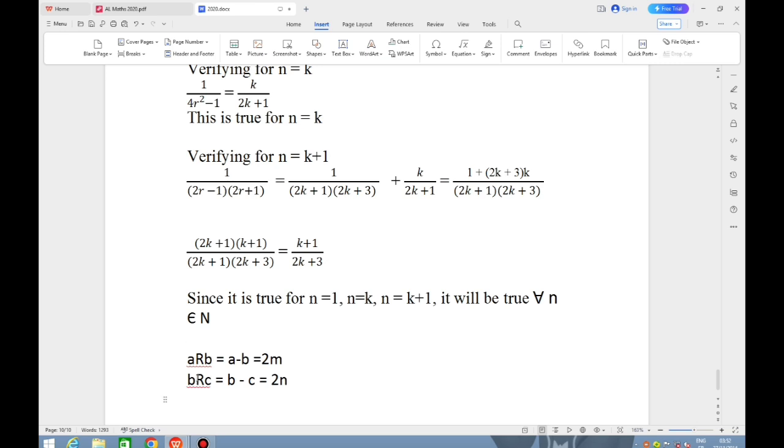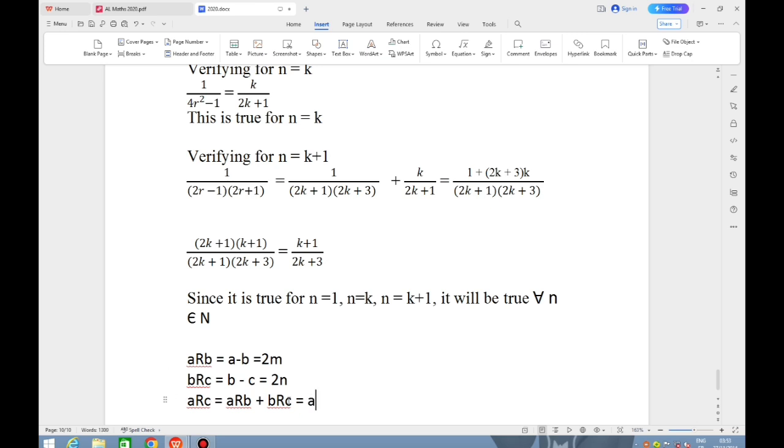Now to find the relationship of a related to c, we can add these two. So we can say a related to c is equal to a related to b plus b related to c, which is equal to a minus b plus b minus c.